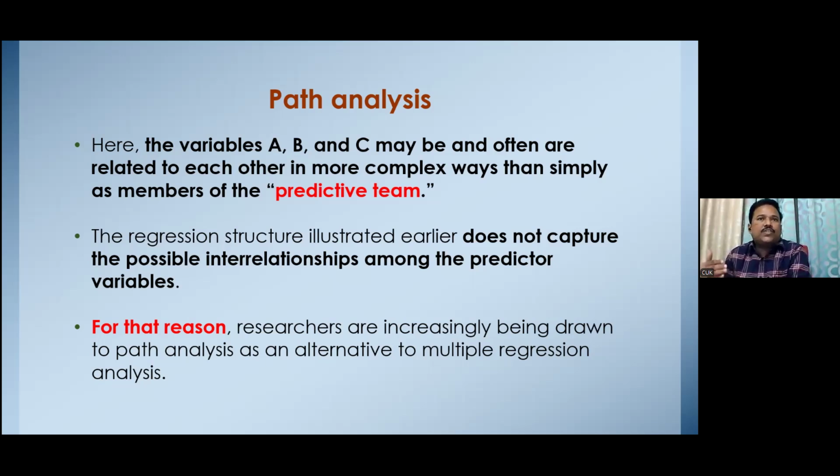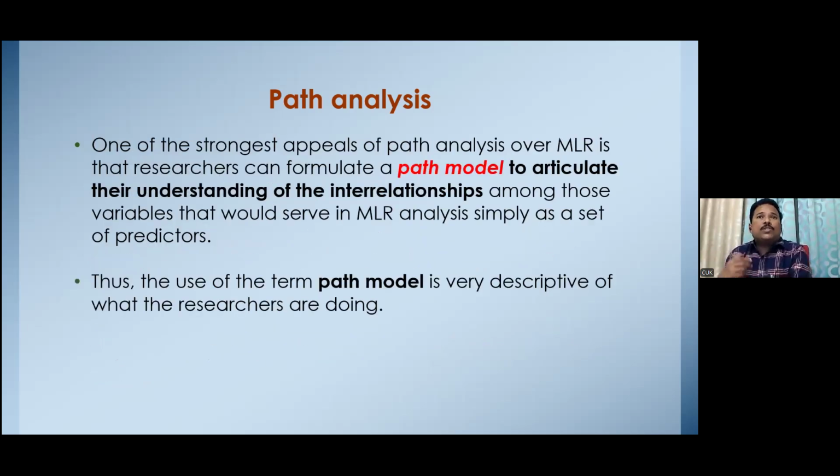So for that reason, we use path analysis. One of the strongest appeals of path analysis over multiple linear regression is that researchers can formulate a path model or path diagram to articulate their understanding of the interrelationships among those variables, which in multiple linear regression would serve simply as a set of predictors.